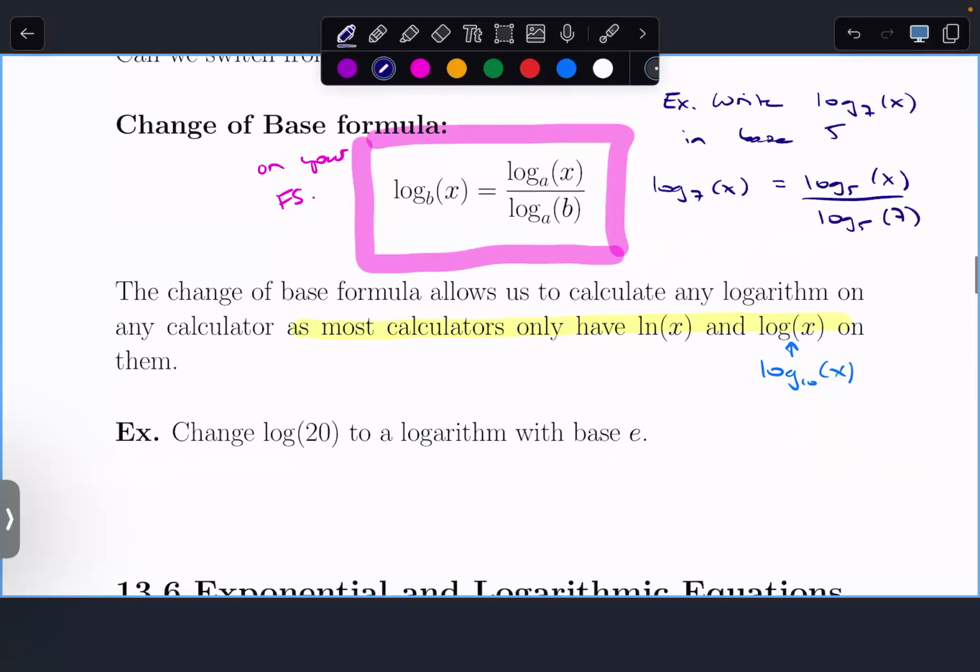Or what if you want to write it in base 10 so that you can use your calculator?